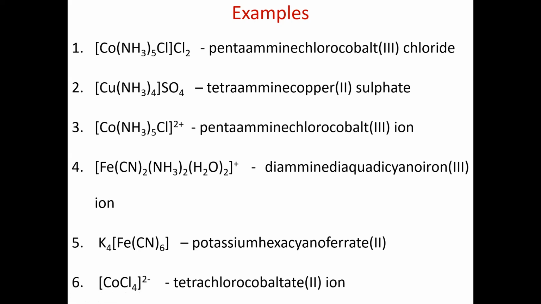In naming complexes, cations are named before anions. That is why your potassium is coming first. So you have potassium hexacyanoferrate 2. So 2, this is your 4 minus 6. That is how we got iron to be in oxidation state of 2.